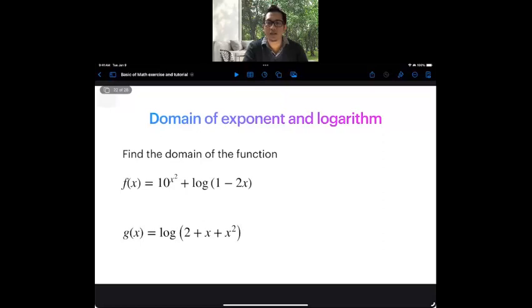Anyone solve number one, the first one? What is the domain of the function?